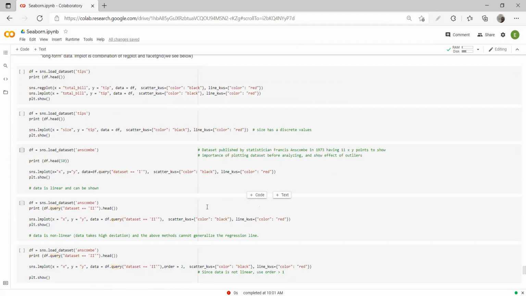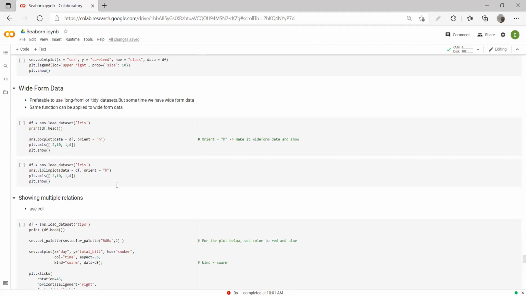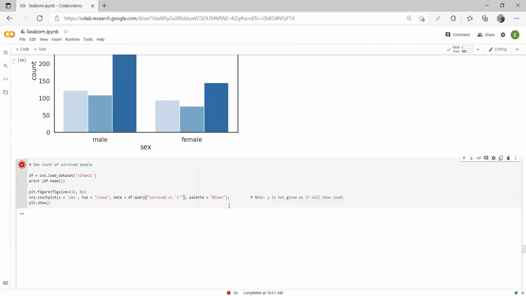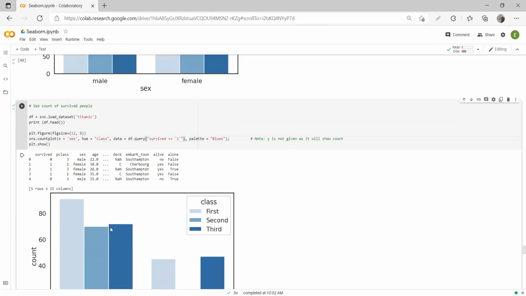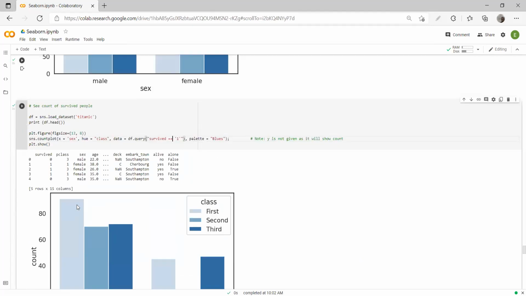Okay. So it was taking it as an assignment operator, whereas it should be a double equal to, the equality operator.